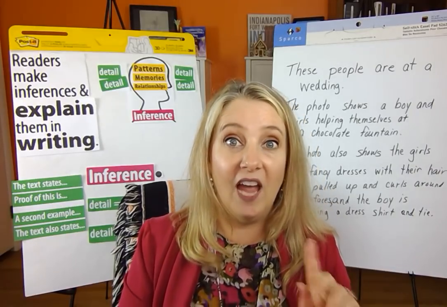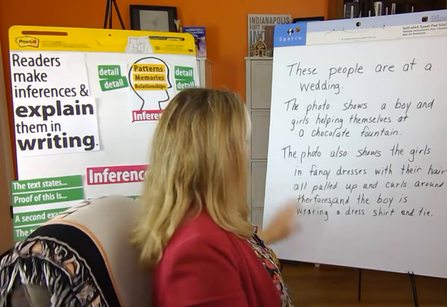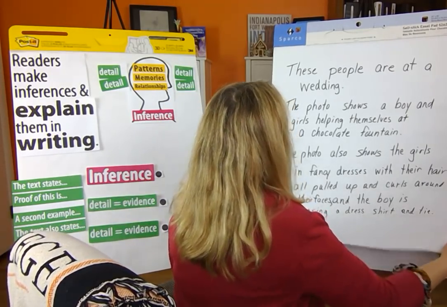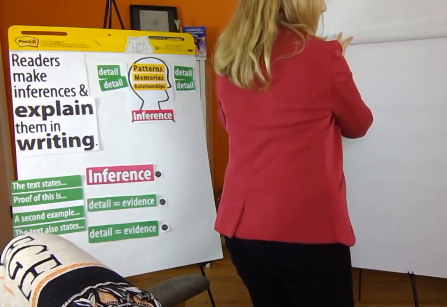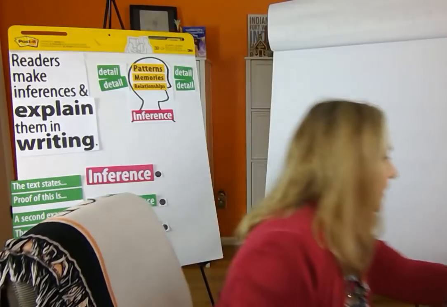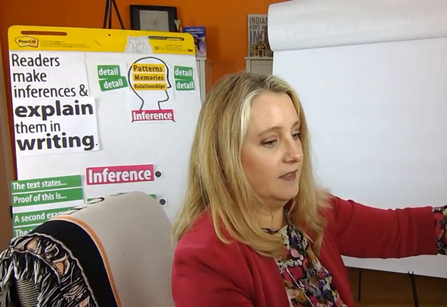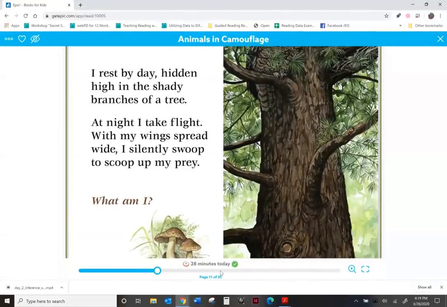So now I think we should try this together, okay? I'm going to flip this up. We already did that writing. Just flip this up and over. And let's look at a second example. So remember the text? Let me show you the text first. Remember the text when we did animals in camouflage? Yeah, remember this one?